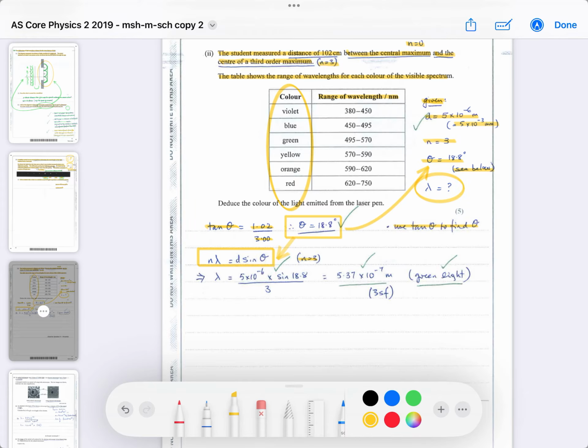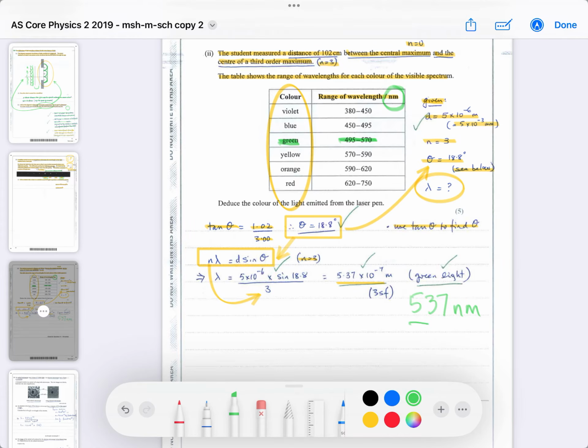So you can put the 3 on the other side, put 3 down there, put all the numbers in, and you will get a wavelength of 5.37 times 10 to the minus 7, which is in the green range. So let's make that green, the green range. You can see it's in nanometers, that's 10 to the minus 9, and we've got 537 nanometers.